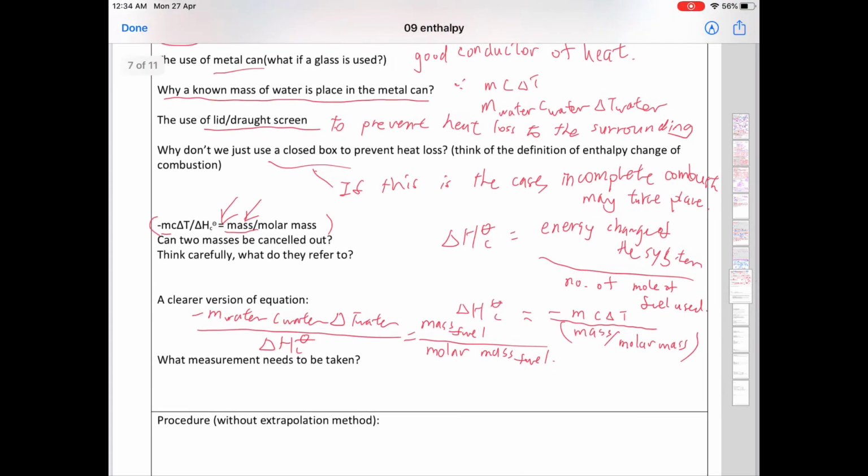And then in the experiment, I told you already what measurements you need to take: the initial mass of the fuel and the spirit burner, the final mass of the spirit burner and the fuel, and then the initial temperature and final temperature of water.